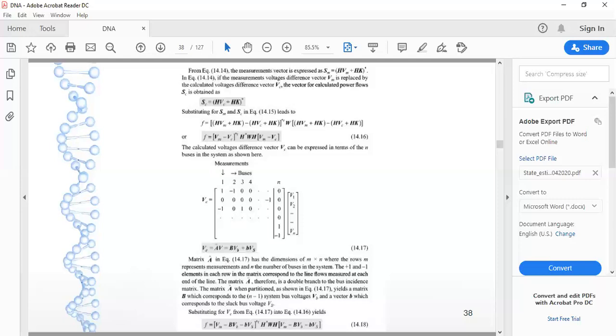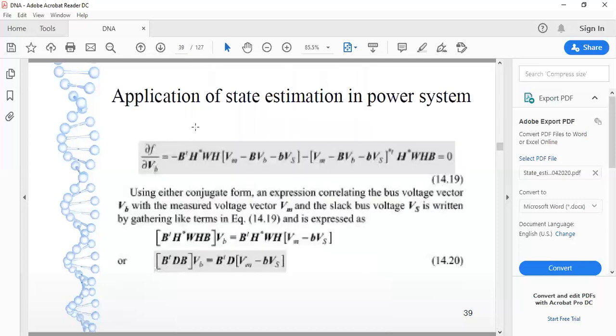H transpose W into H is as it is, as in equation 14.16, and the rest of the term is Vm minus B into Vb minus b into Vs. As we know, the first order partial derivative gives the condition for a minimum, and the second order derivative will be positive, hence we can confirm that this condition is satisfied for a minimum.